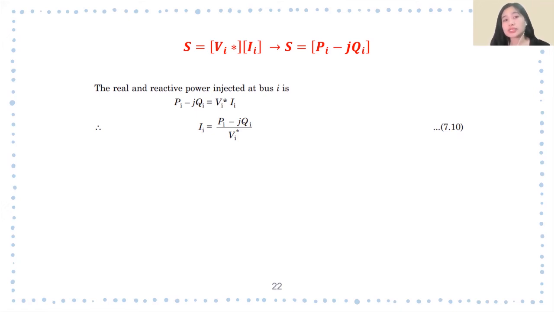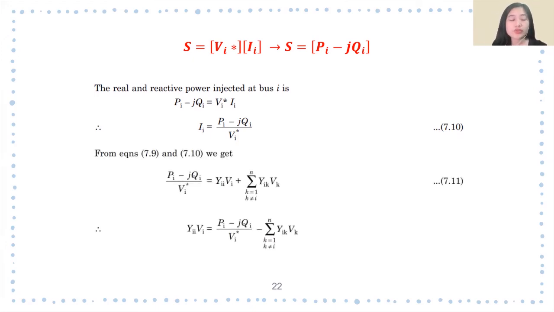So it's just basically S, the formula of our apparent power. It's just that in-expand natin yung S natin or apparent power natin to another equation, which is P minus jQ. And now we are going to derive the formula so that we can get our current injected formula. Wherein now I sub i equals P sub i minus jQ_i all over V sub i conjugate.